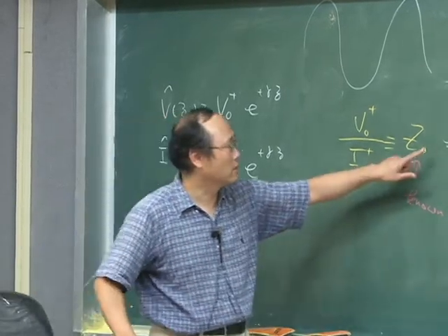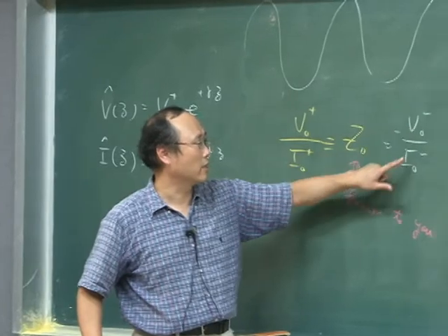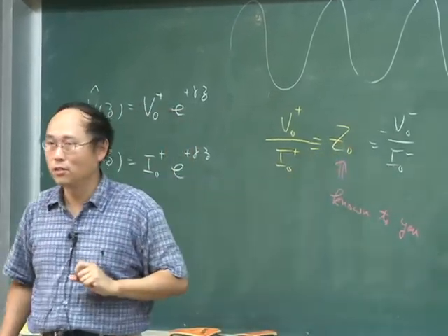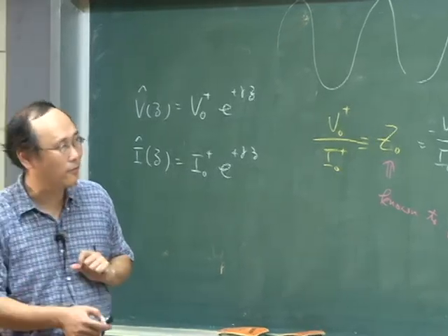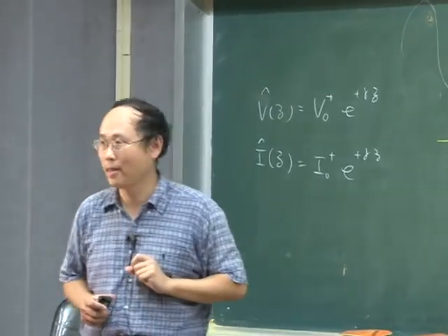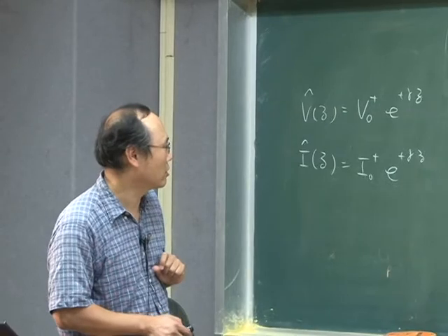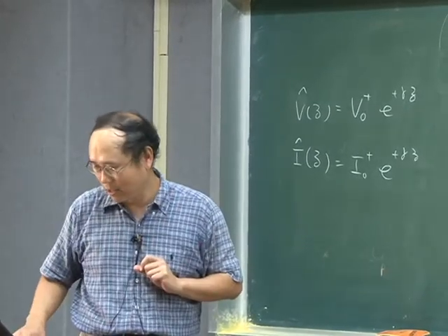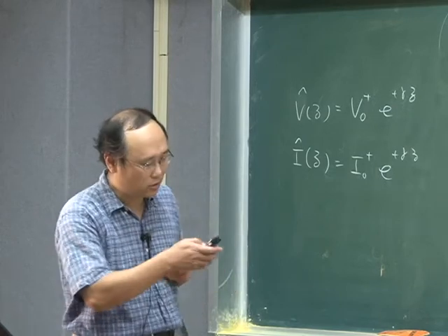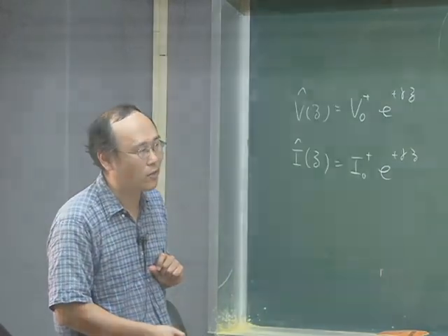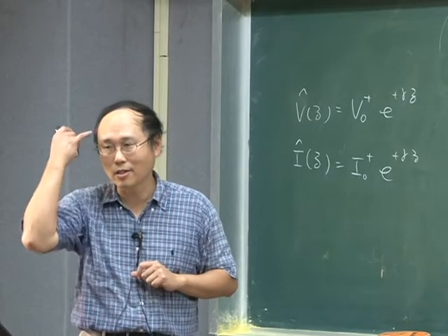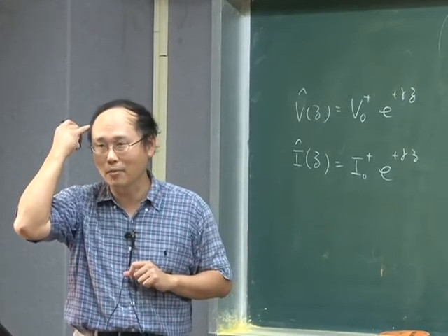So initially you have 4 variables, but once you define or calculate this characteristic impedance, you reduce the 4 unknown variables into 2. 所以这个解答不是那么的可怕了，right?